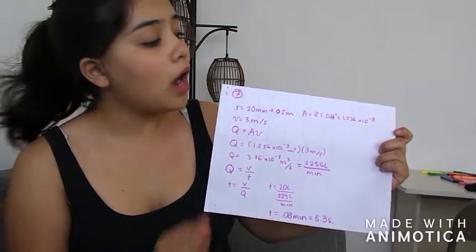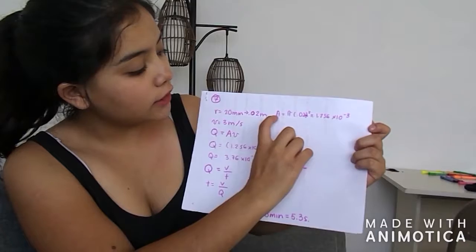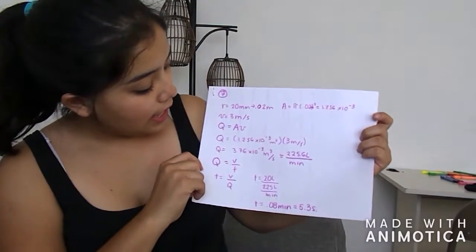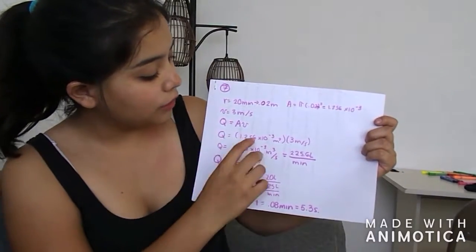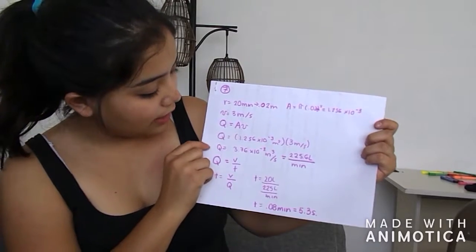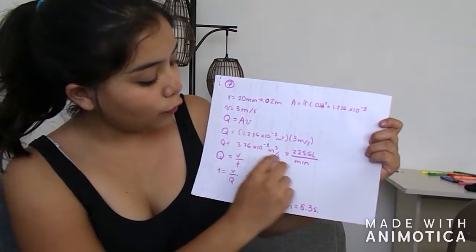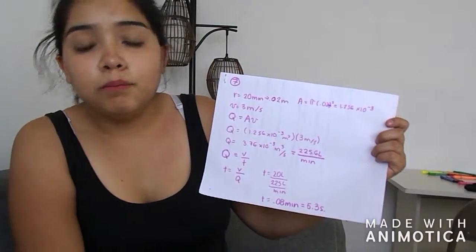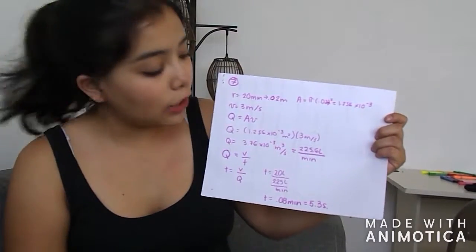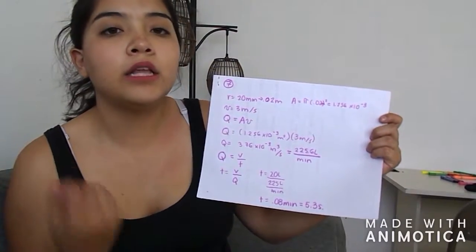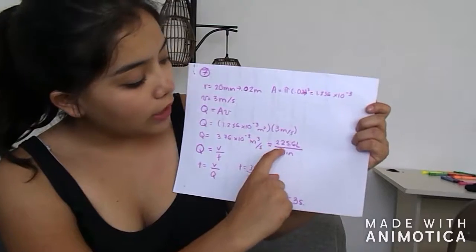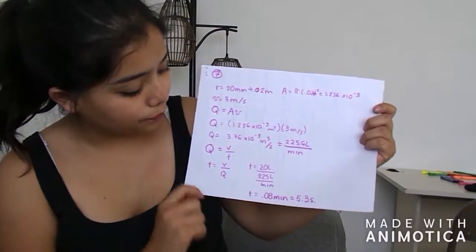We need to take our area, and we got this result, and then we substitute our values. Then we have our flow rate in cubic meters per second, but we need to take them in liters per minute. So here we have the conversion.